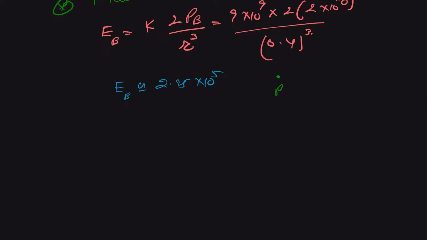So this is our point P and this is our B. So dipole moment will be our PB, and this will be giving us electric field. So we have the same result.